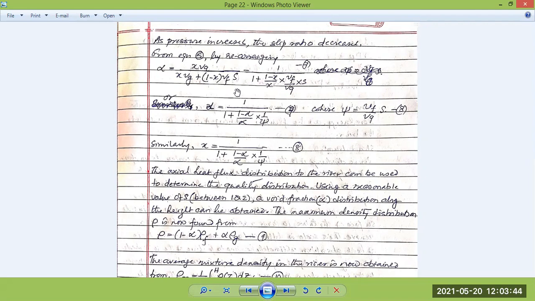Tau is subsequently calculated by df by dg. Similarly, x can be expressed in terms of alpha and tau.